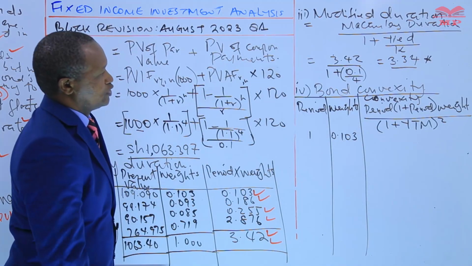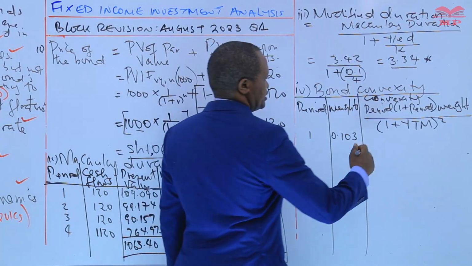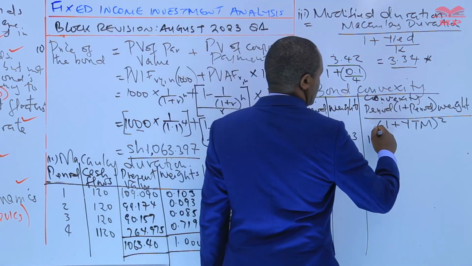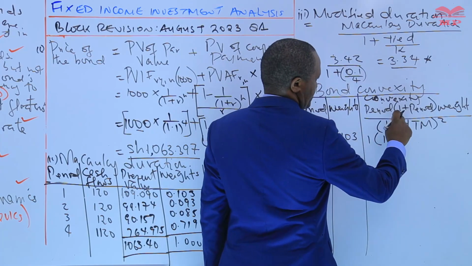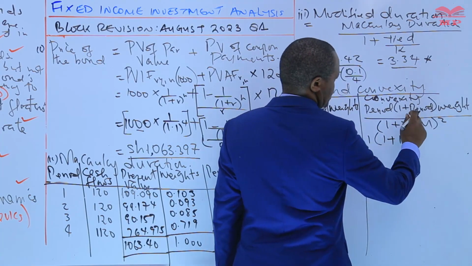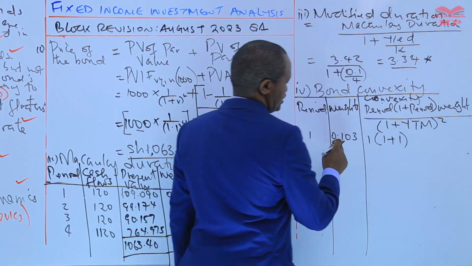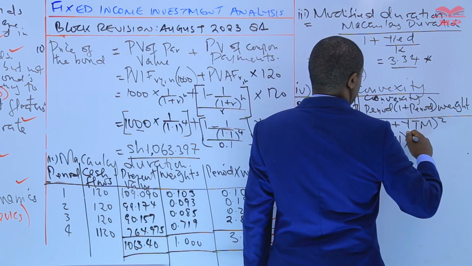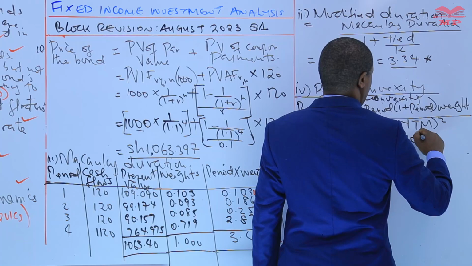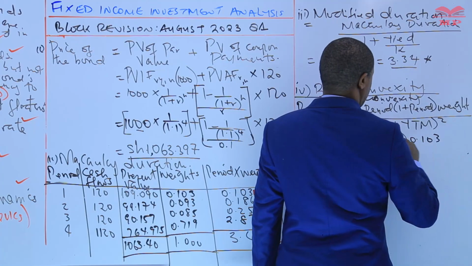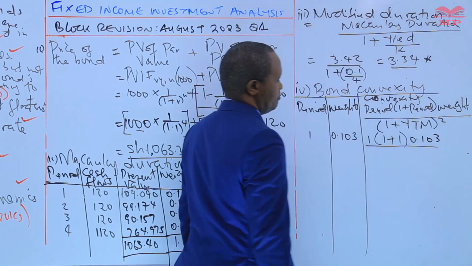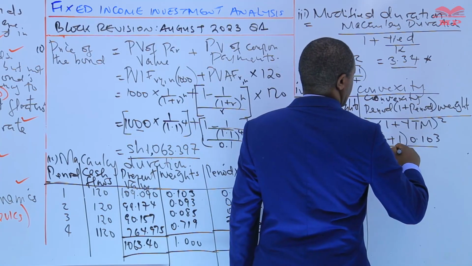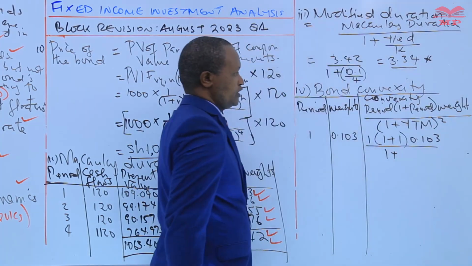So convexity period 1 will be the period which is 1 into 1 plus period 1 times the weight 0.103, we divide by 1 plus the yield to maturity.